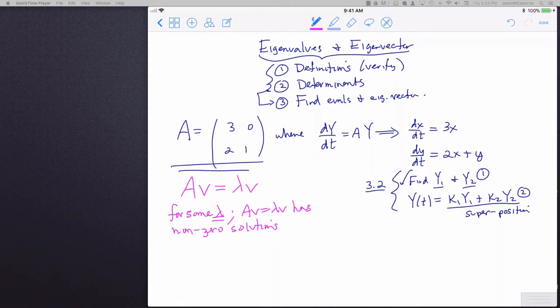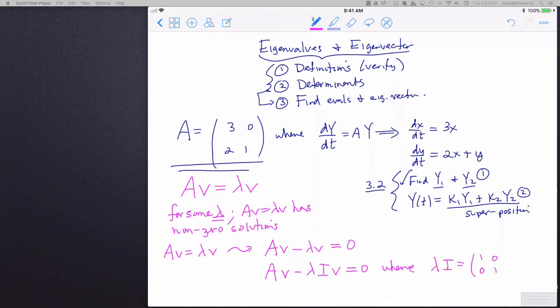So the thing to consider here is that you're going to rewrite the original equation. You're going to subtract λv from both sides, and then you're going to rewrite that as (A - λI)v = 0, where, for example, what we mean by λI is the identity matrix 1, 0, 0, 1 times the number lambda.